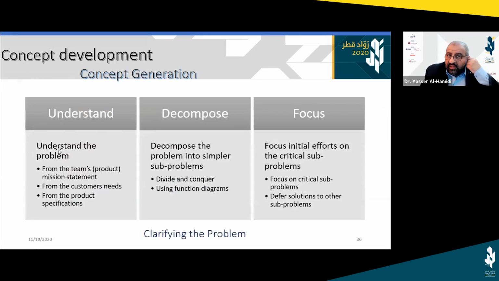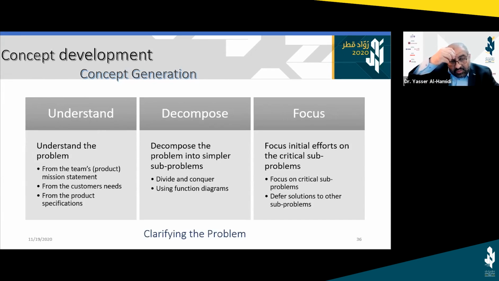Let's go to the clarify step first. Clarifying the problem consists of developing a general understanding and then breaking the problem down into sub-problems if necessary. If you have a somewhat sophisticated product, to understand how to design the product you really need to decompose this problem into different sub-problems.